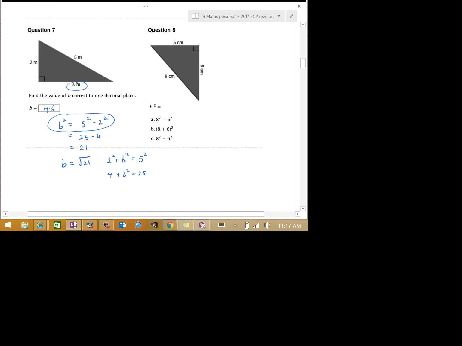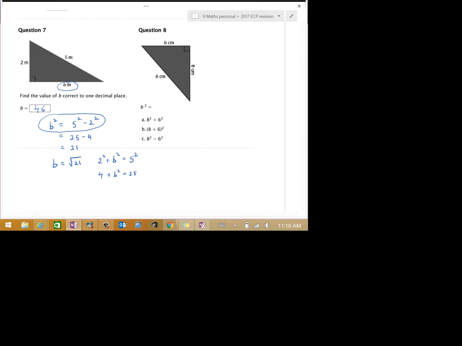Now you'll start to find that we're repeating ourselves, but once again, we could do two methods when we're looking at question 8. We're asked to find b squared though. So we can say that 6 squared plus b squared is equal to 8 squared. And we're trying to find, in this case, b squared for question 8.